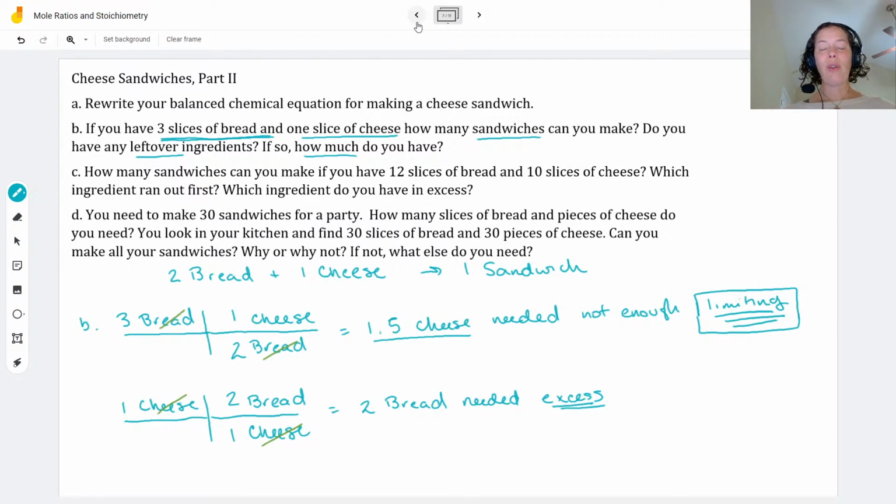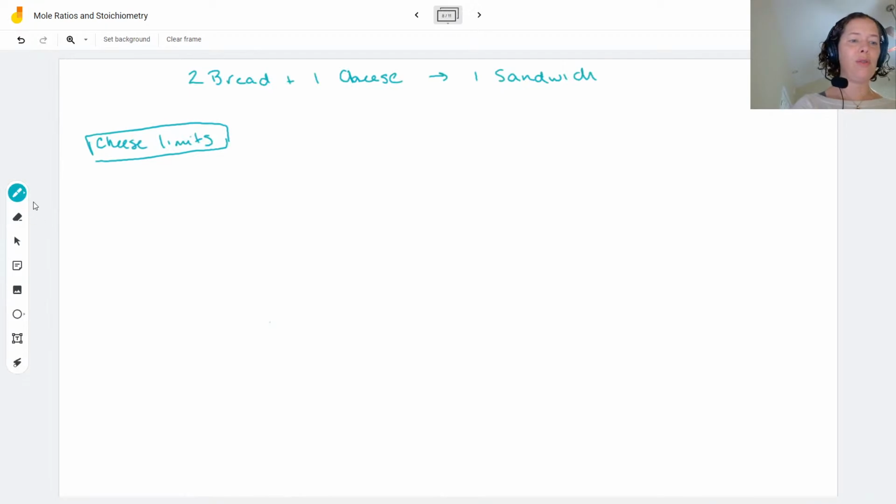So I need to start with how much cheese I actually have. So I need to go back to my problem. I have 3 slices of bread. I have 1 slice of cheese. So this is what I'm going to use to predict my products. 1 cheese. And now I'm going to predict sandwiches. So my cheese, I want it to cancel. This time I want to go to sandwich because I'm predicting product.